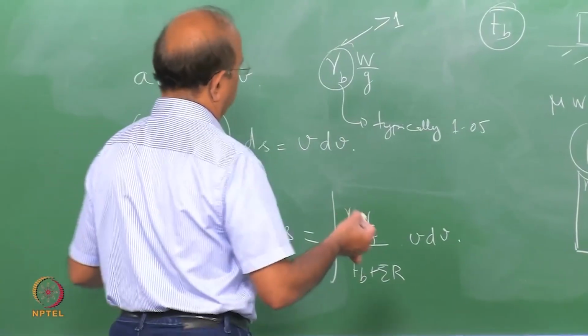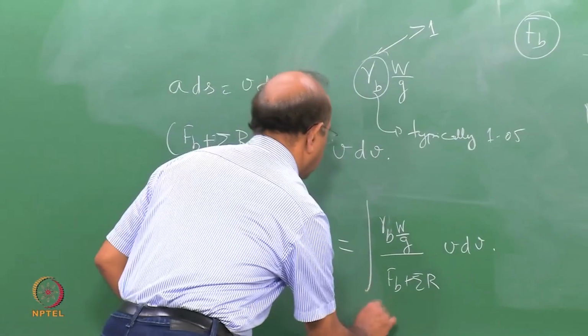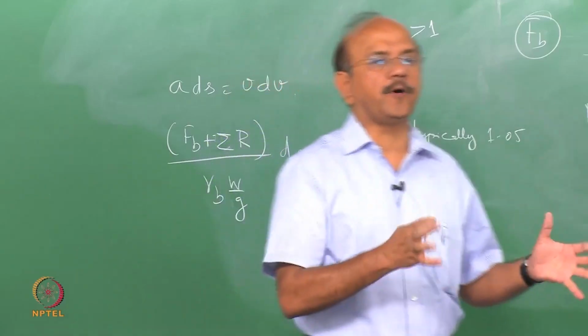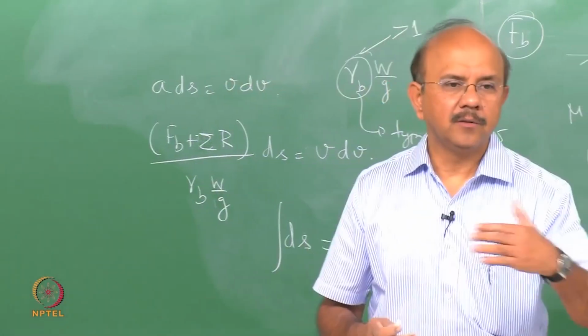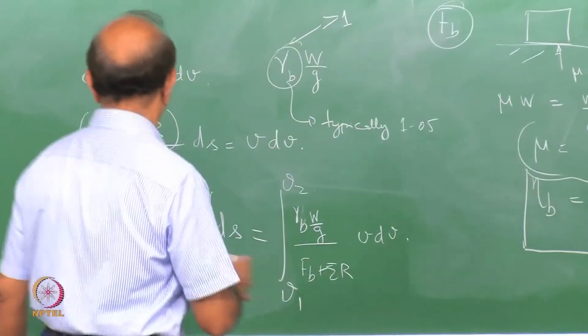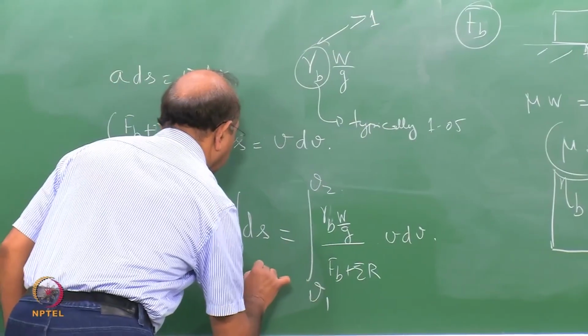It can be from say V1 to V2, and the corresponding distance when it comes from velocity V1 to V2, we will call it as s.